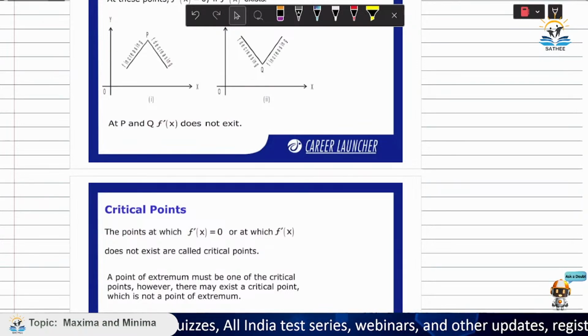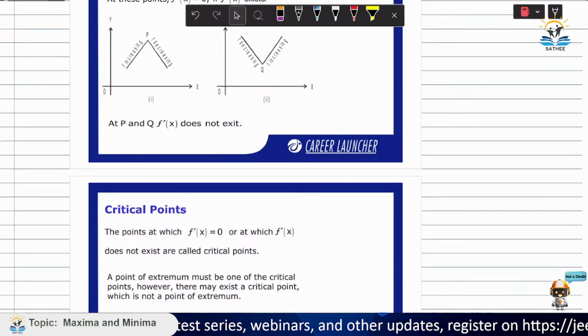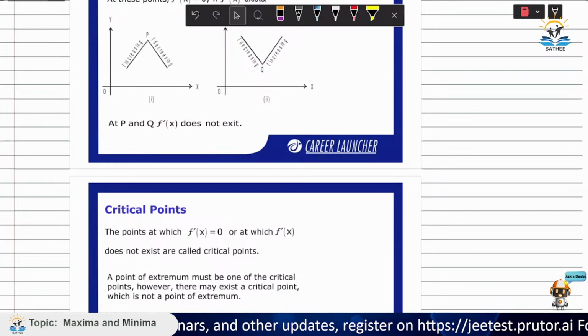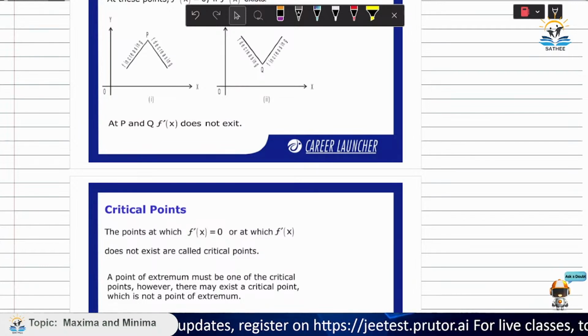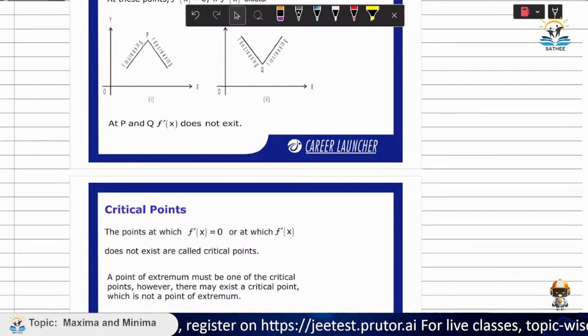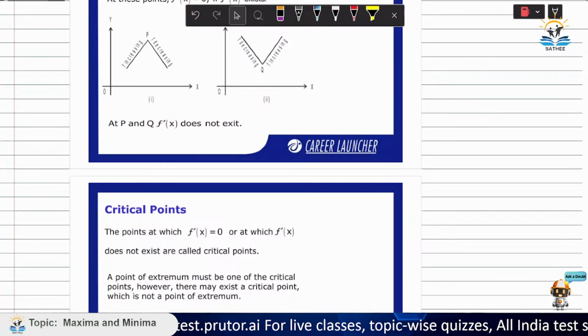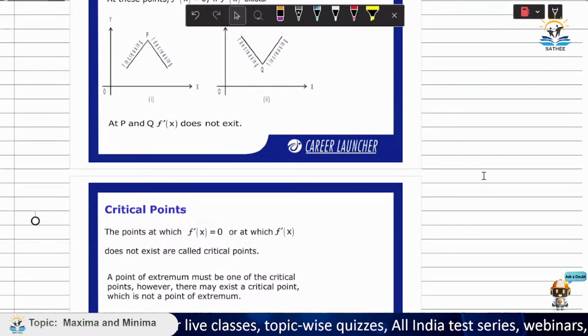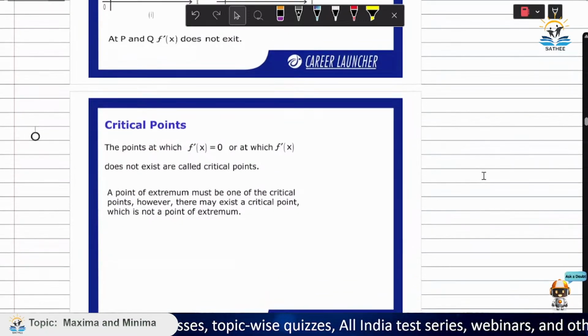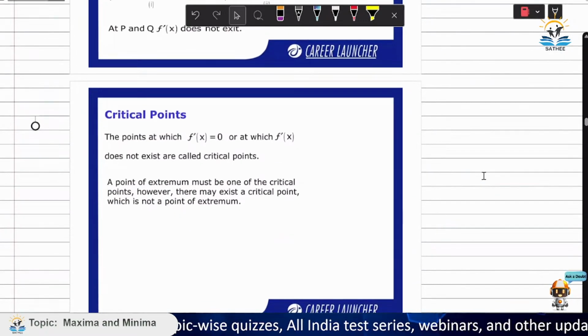But since f dash x does not exist here, at the point of extremum must be one of the critical points.